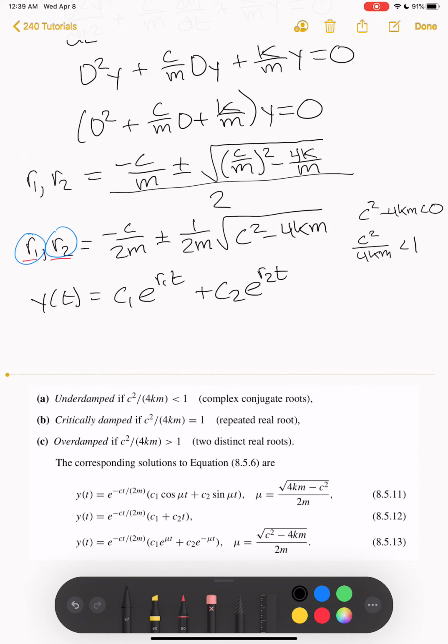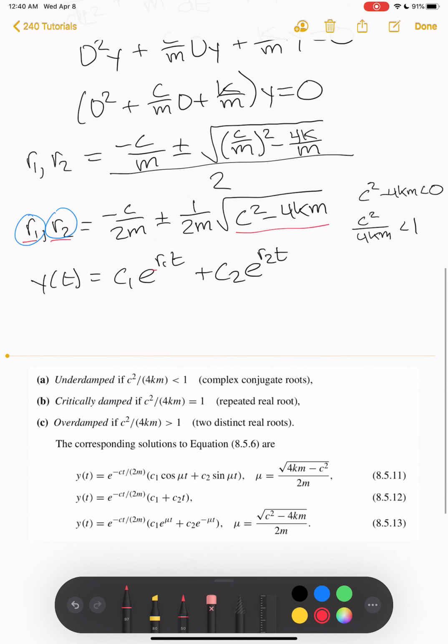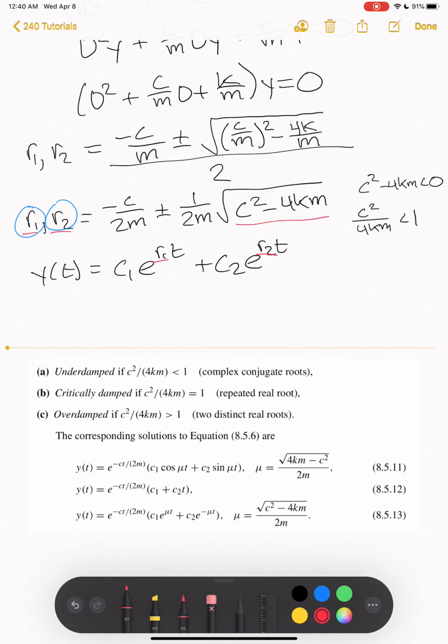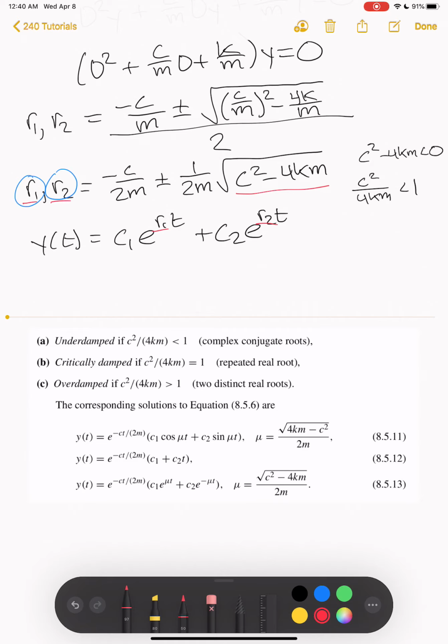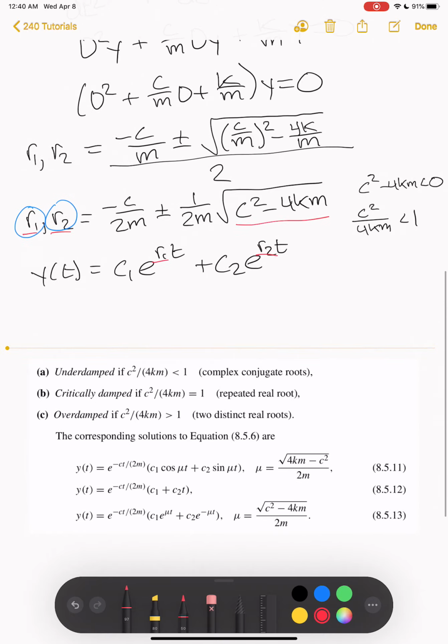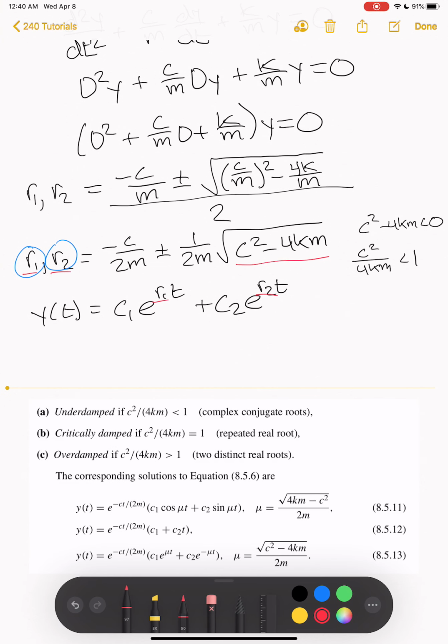If I do that, then I have the negative inside my radical, so R1 and R2 are complex. We know that when that happened, out popped some sines and cosines, right, from last video. And so we use this first solution, 8.5.11, to describe the scenario when c squared over 4km is less than 1, and that corresponds to underdamping.